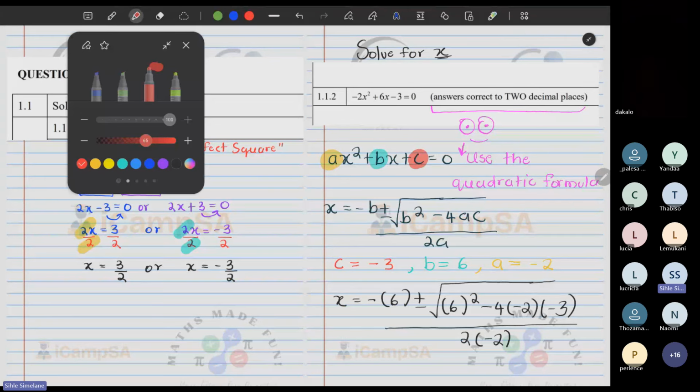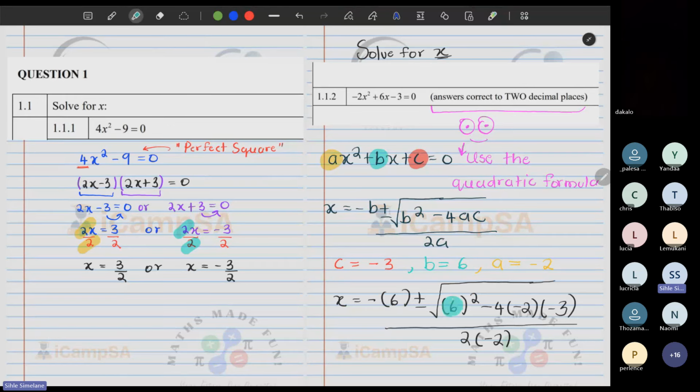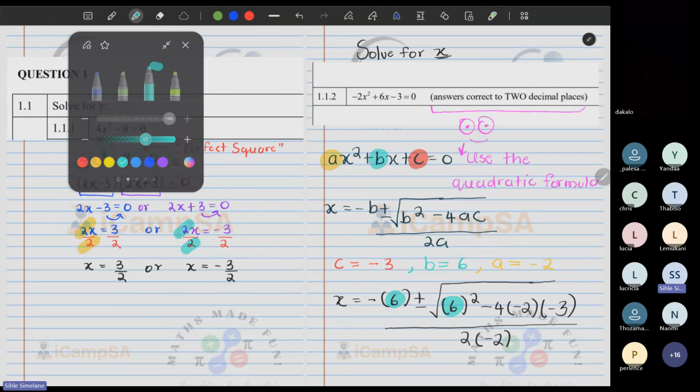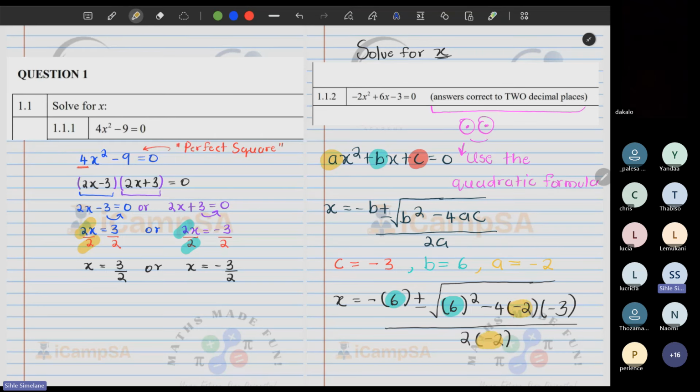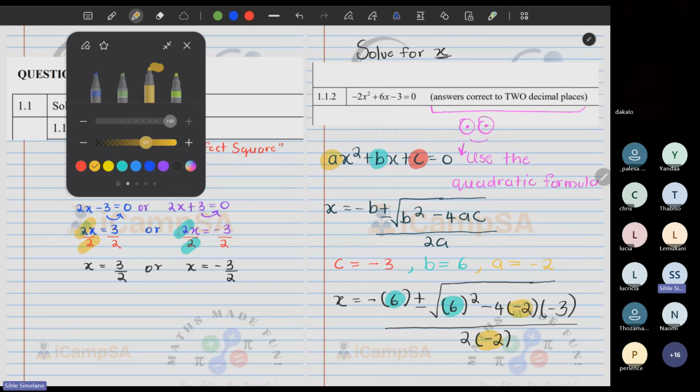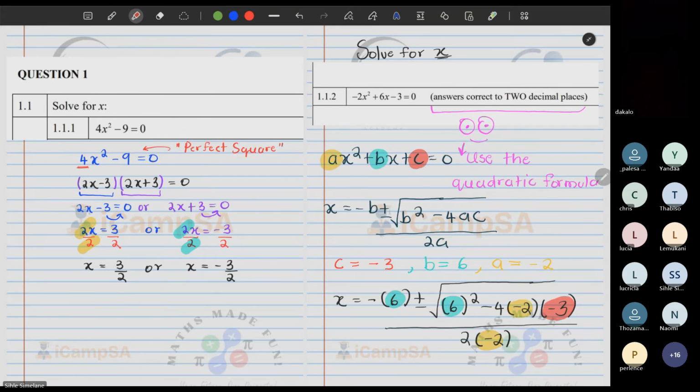So I need you guys to go and punch this on the calculator for us. So there is b, there is a, and there is c. Okay.